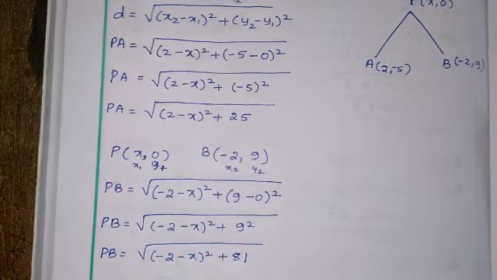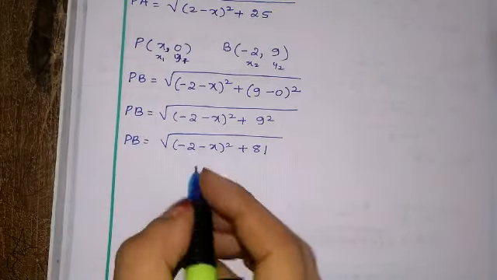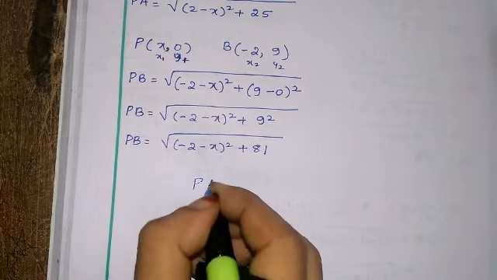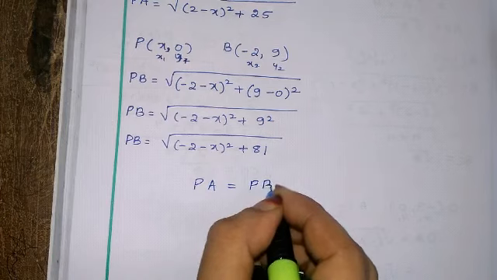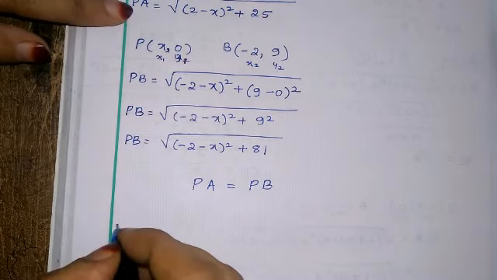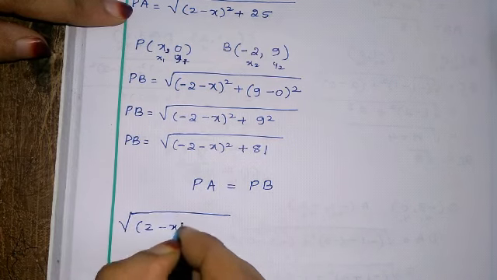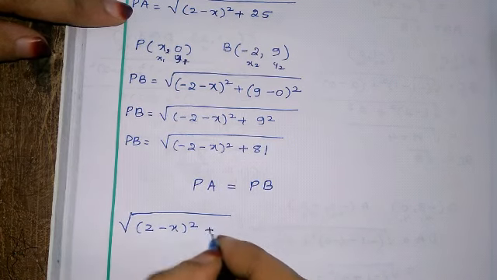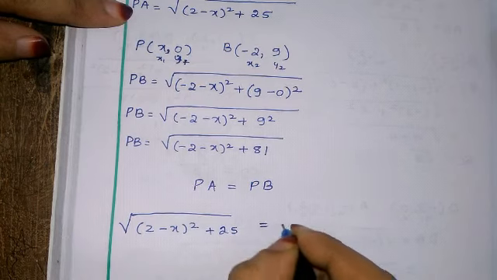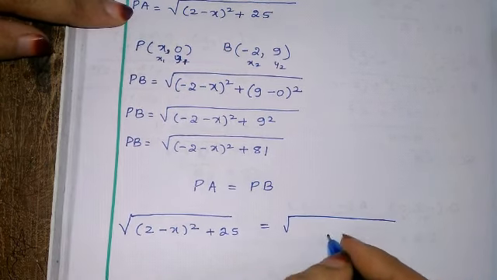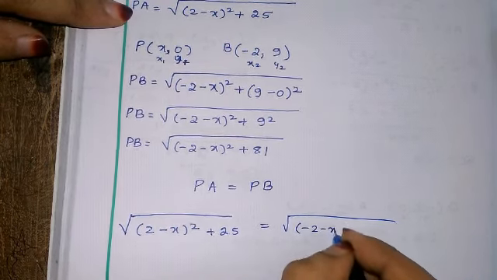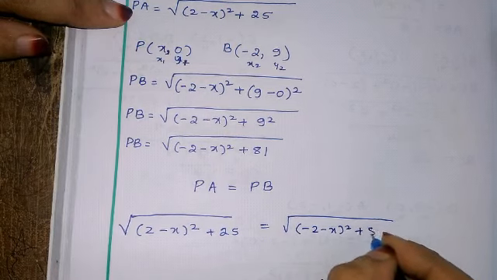So according to the equation PA equal to PB, they are equidistant. So root of (2 minus x) whole square plus 25 is equal to root of (-2 minus x) whole square plus 81.